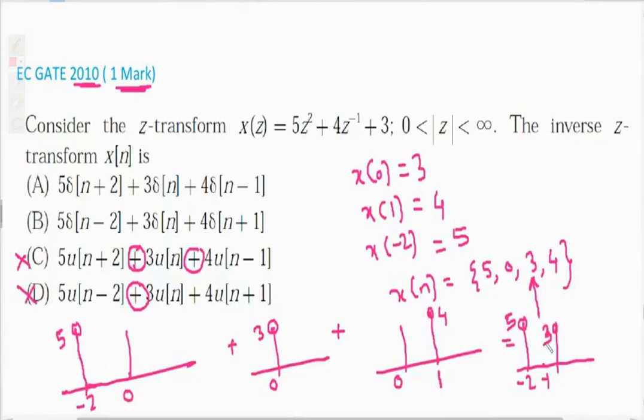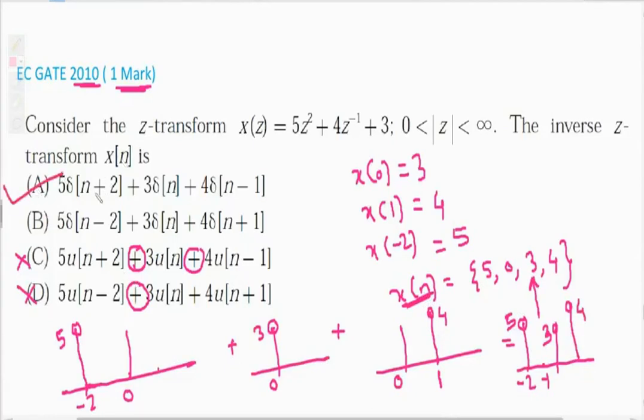And at first position, here it is 0, here it is 0, and here it is 4, so 0 plus 4, that means 4. So it is nothing but our signal x of n, right? So our correct answer is option.